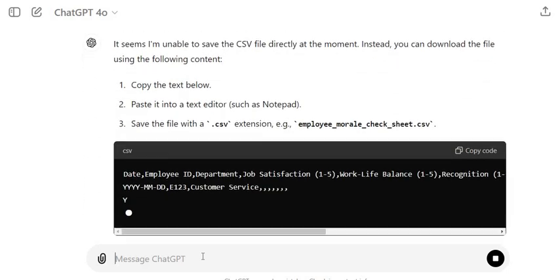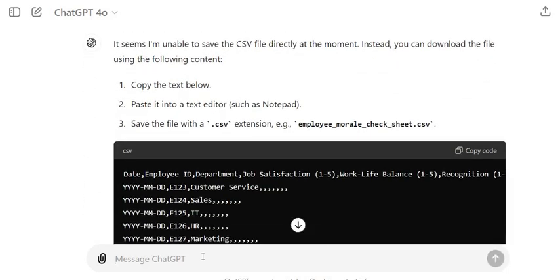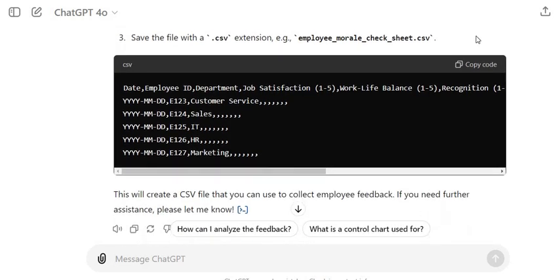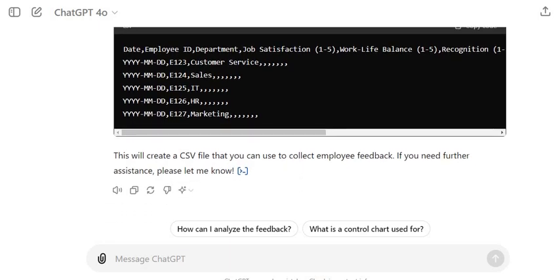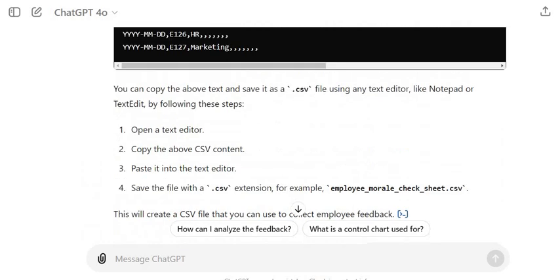It seems that I am unable to see directly at the moment. Okay, normally it is able to do this, but you can simply copy this code and paste it in some text editor, because it is also giving you the instructions as it did in the previous response.